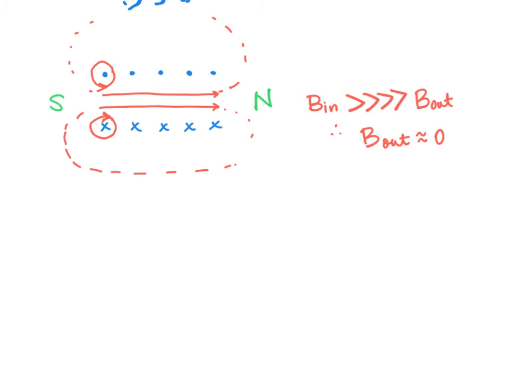So let's look deep inside this solenoid to determine the magnetic field inside the solenoid. Again, let's have our current, and I'm going to draw these coming out of the page up here and into the page below.